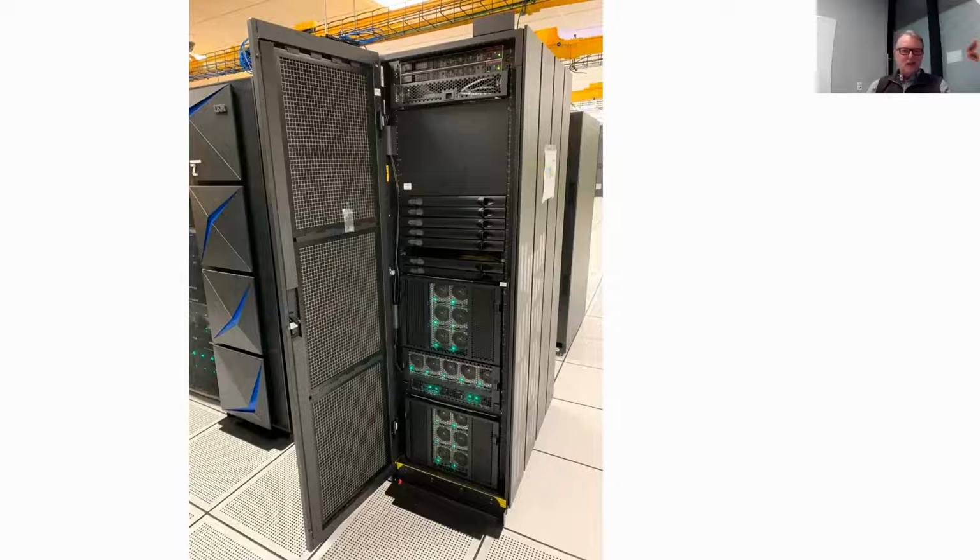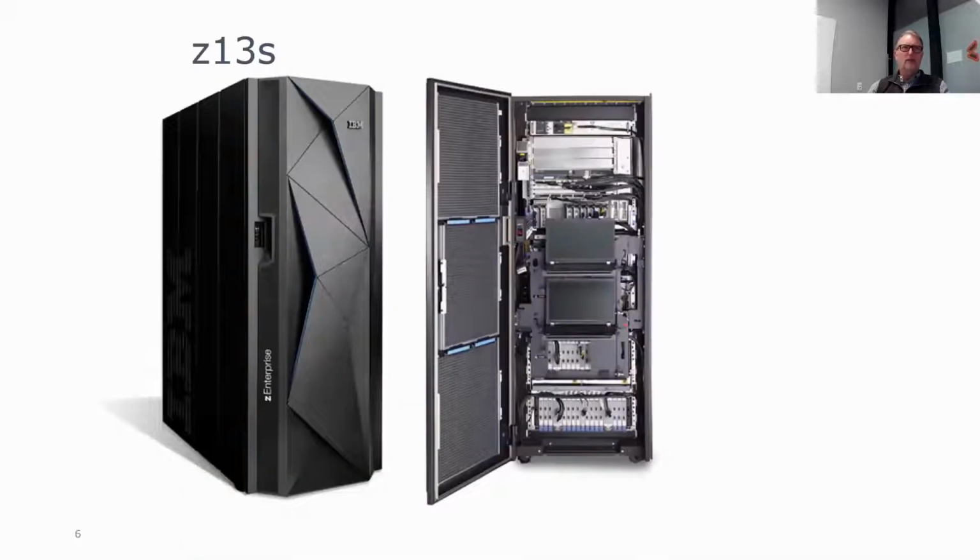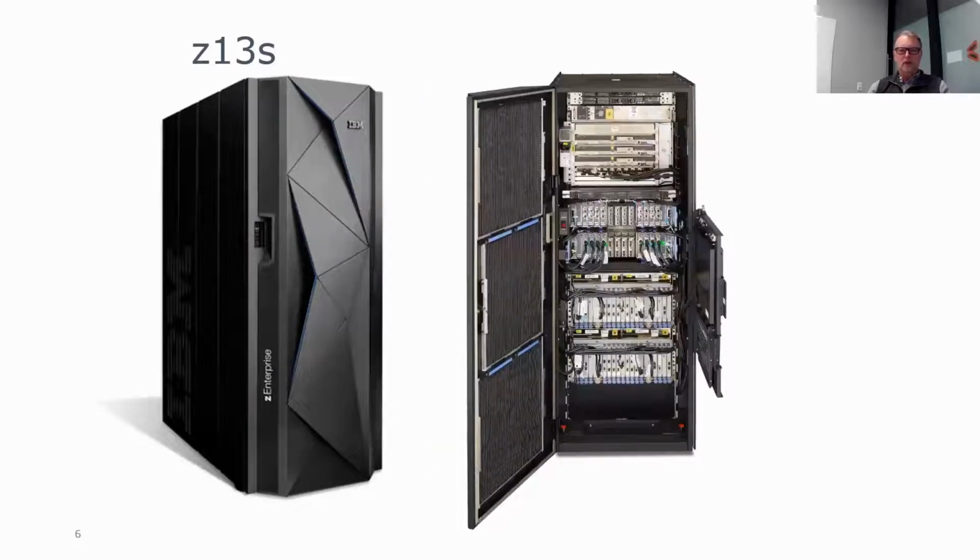But it is interesting to note that in this particular model, this is a Z15, the entire top half of this machine is empty. So really the entire CEC is this bottom half of the machine. I do have a picture of a Z13, and I'm going to open the door so you can see a little bit more about what's in this machine. In the US, I would say that this is about the size of a large refrigerator.